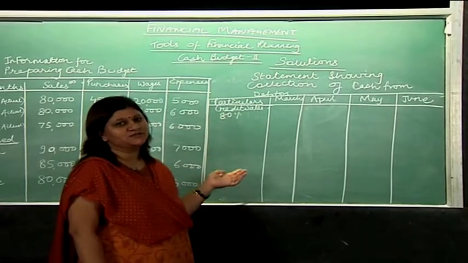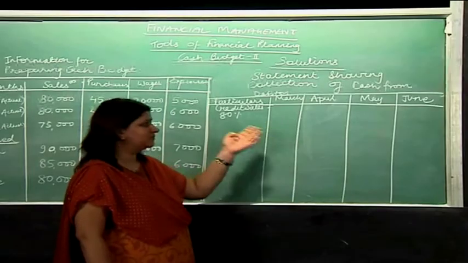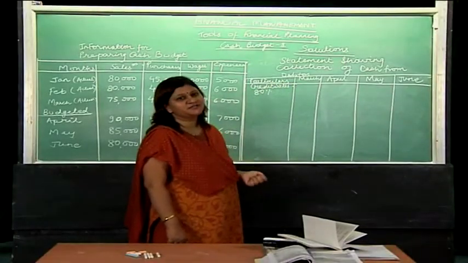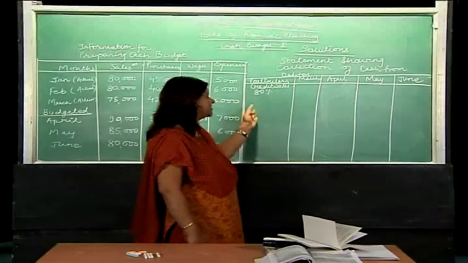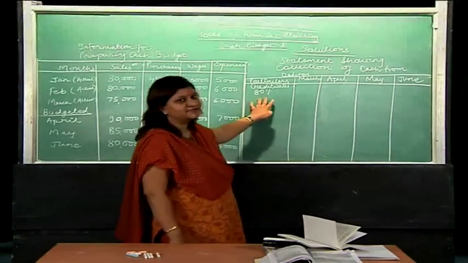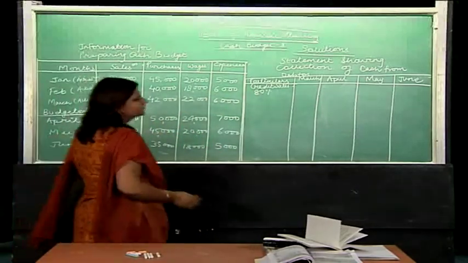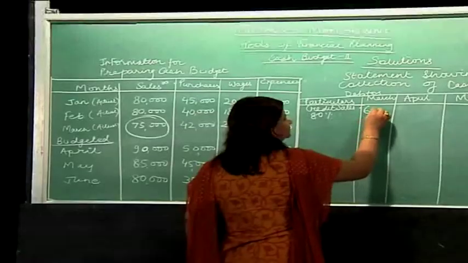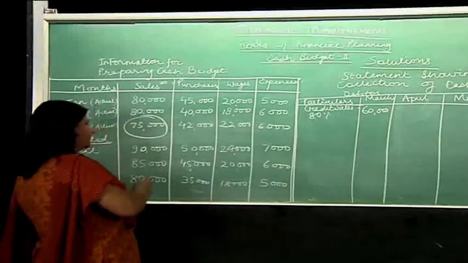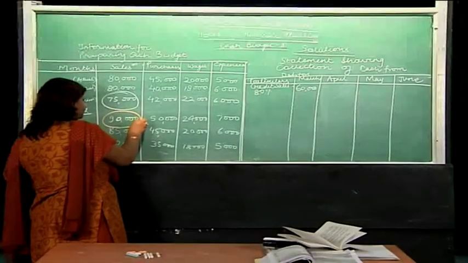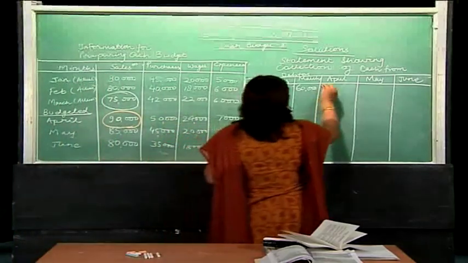So we are preparing this statement where we have to find out the sales for April, May and June. The March figure is relevant because the collection period is half month. So first of all, let us see the credit sales. For the month of March, the credit sales is 80% of 75,000, so it constitutes 60,000. For the month of April, that is for 90,000, the credit sale shall come out to be 72,000.